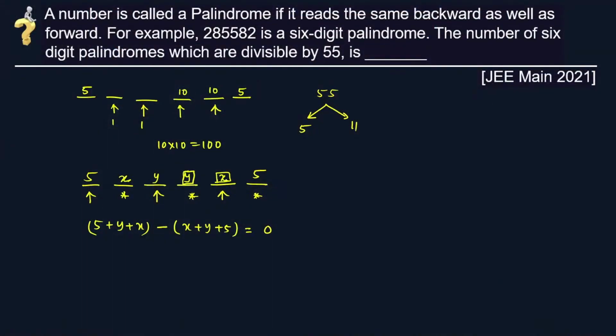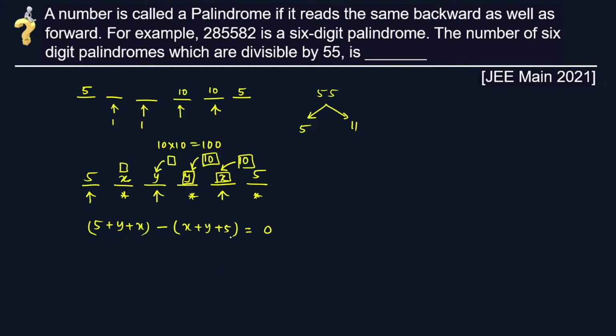Is it clear? So this place can be filled in 10 different ways. It can be either 0, 1, 2, 3, 4, 5, 6, 7, 8, 9. Whatever digit you put here, you have to put the same digit over here. And this place also can be filled in 10 different ways. Whichever digit you put here, the same digit will come here.